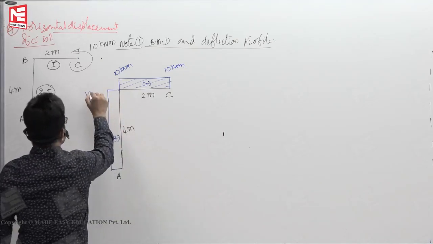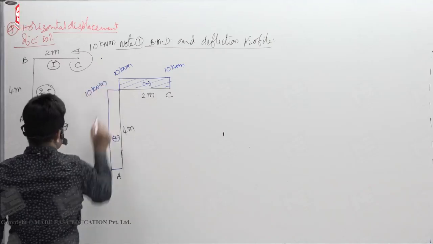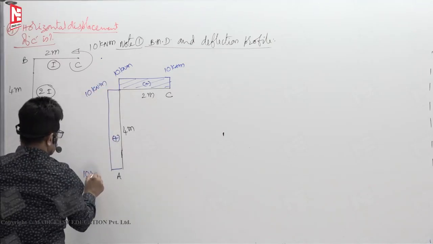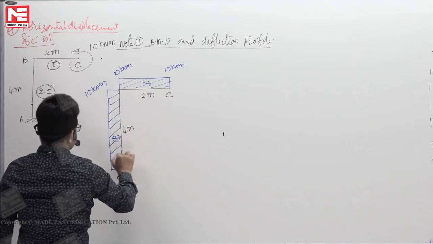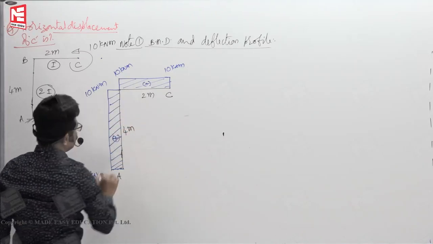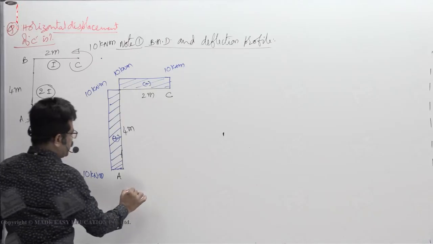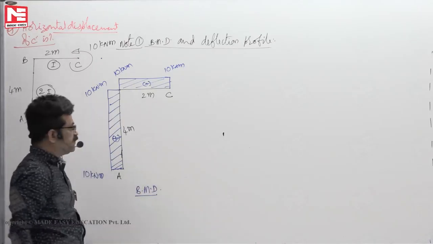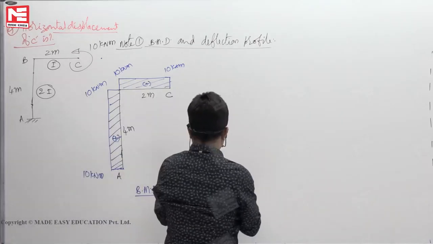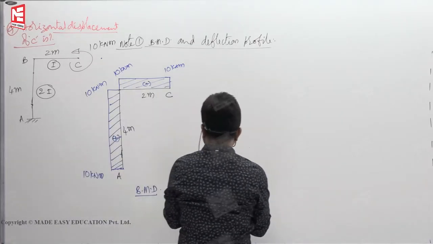Plus, this is 10 kilonewton meter, 10 kilonewton meter. Like this. This is your bending moment diagram. Next, deflection profile. How to draw the deflection profile.